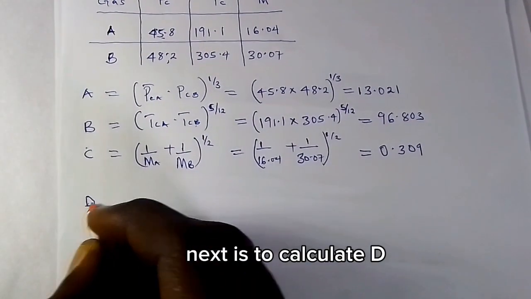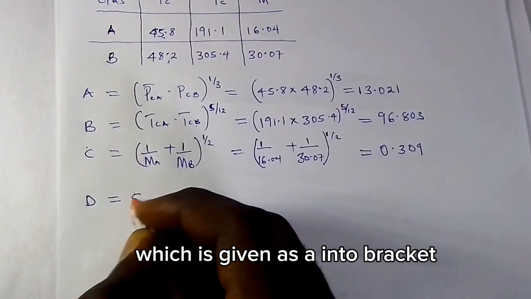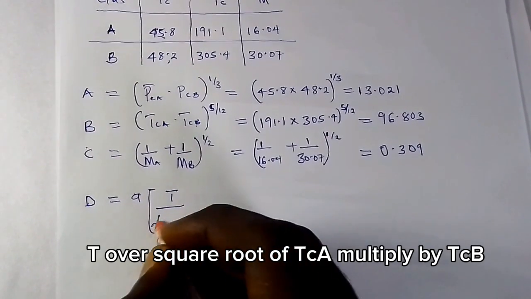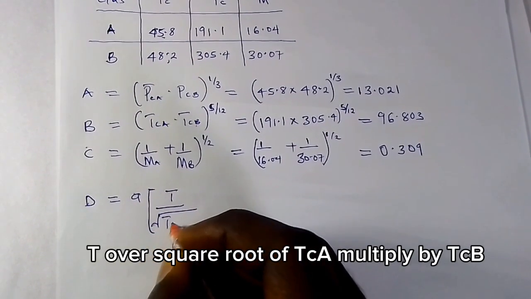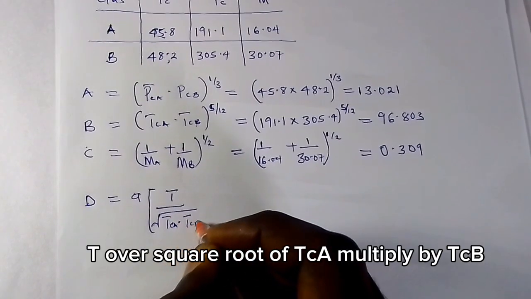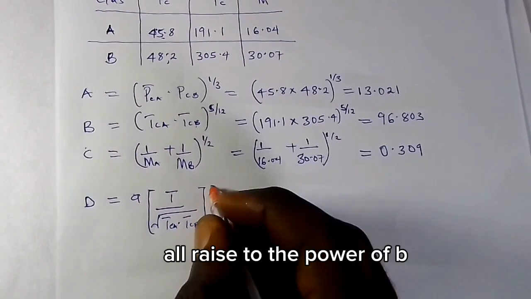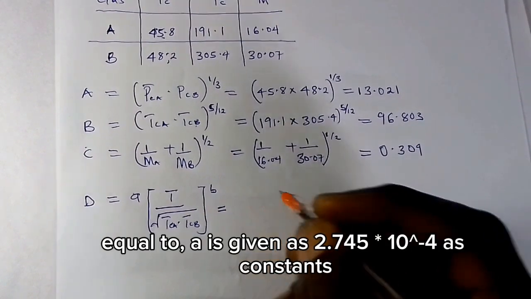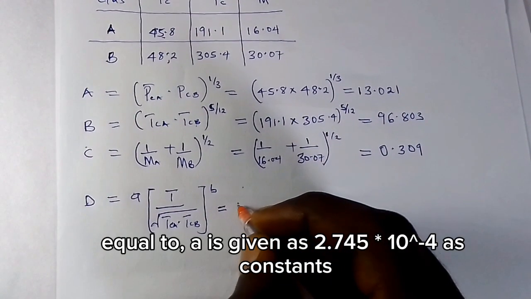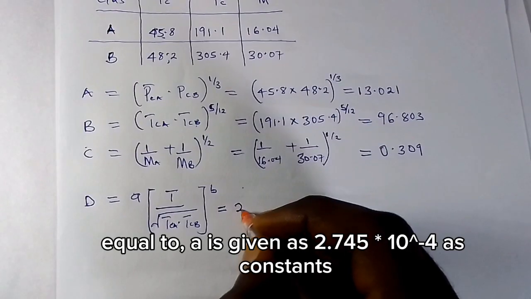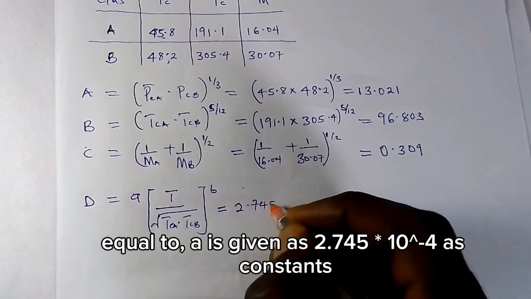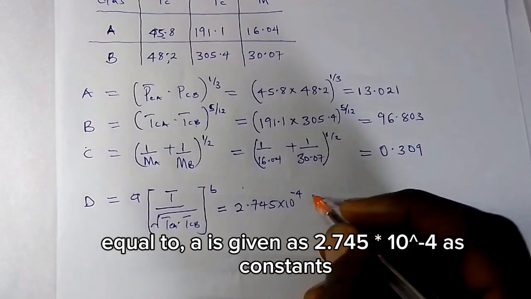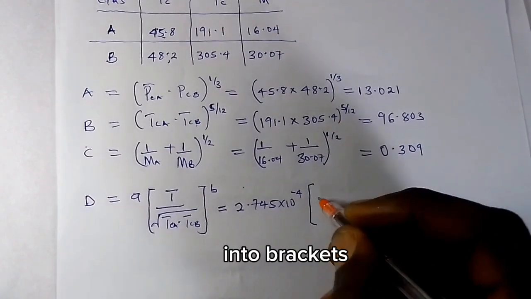Next is to calculate D, which is given as A times bracket T over square root of TCA dot TCB, to the power of B. A is given as 2.745 times 10 to the power of minus 4 as a constant.